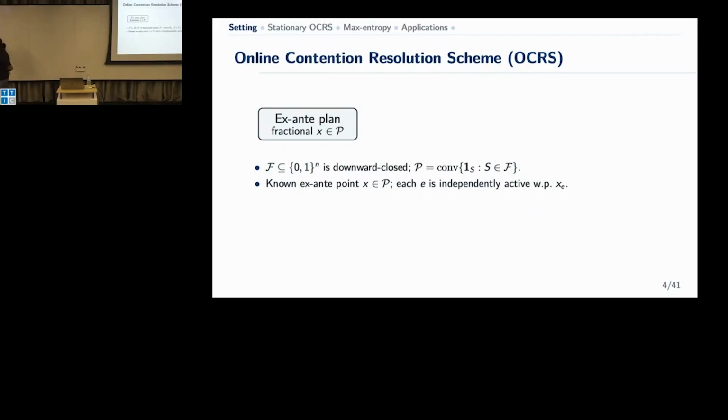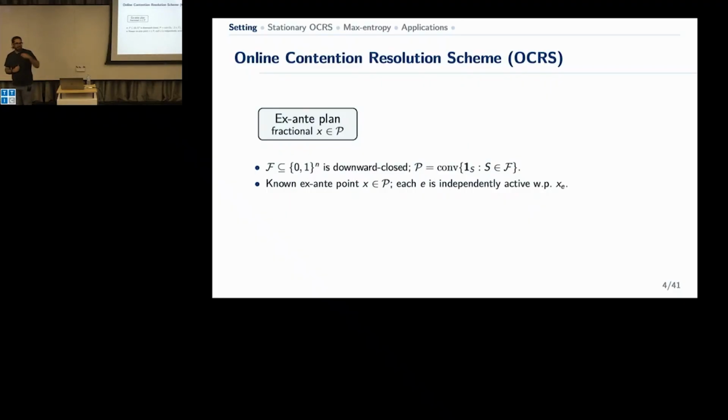I'm also going to define the convex hull of the incidence vectors of all the feasible sets. Let's use the notation P. So suppose I give you a vector x. This represents my ex-ante plan that belongs to the convex hull. And this P is known by the online algorithm. It's given to the online algorithm. And then this sampler, this independent rounder, is just going to start with x.